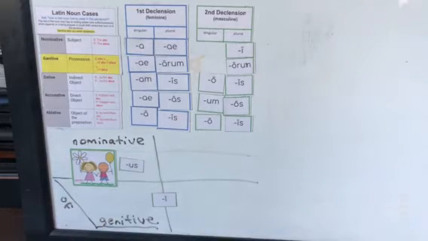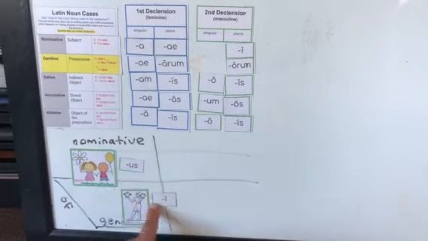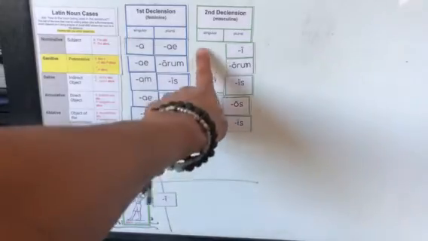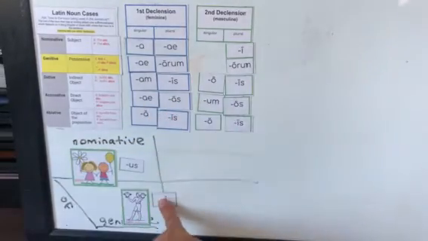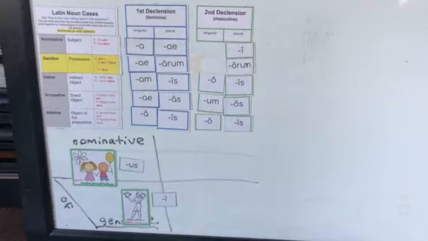And your genitive is going to be servant. And your servant has the I ending, which is that one we just pulled. So amicus servi translates into friend of servant, or the friend of the servant.